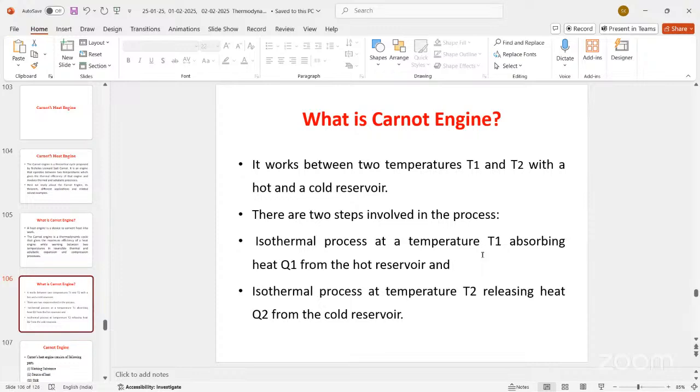You see here on this monitor, the temperature T1 is absorbing heat Q1 from the hot reservoir, and the temperature T2 is releasing heat Q2 to the cold reservoir.